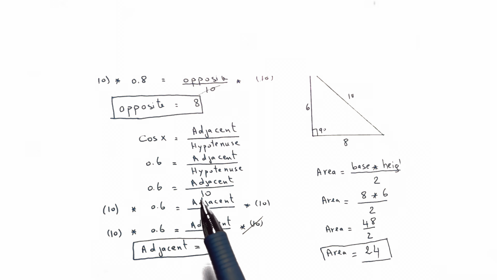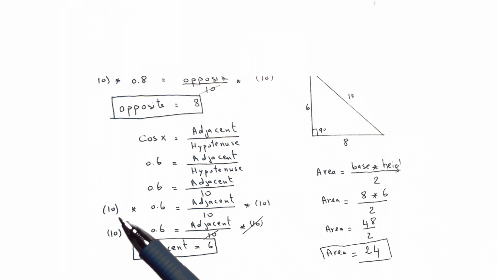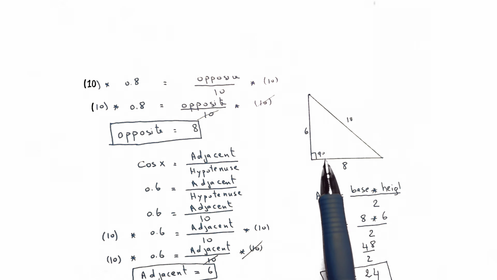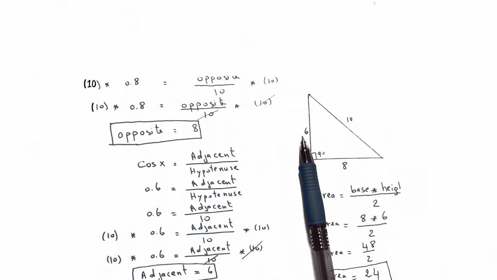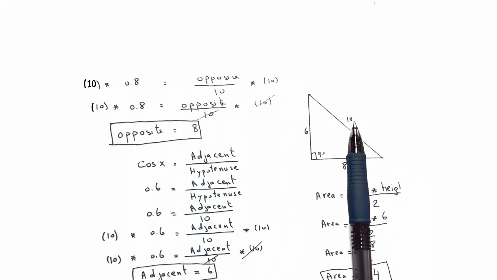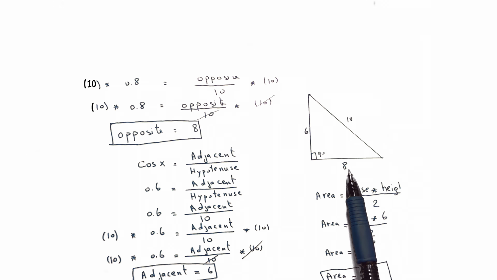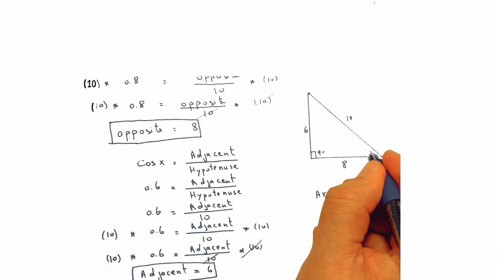So now we have calculated the opposite, adjacent, and the hypotenuse as shown in this triangle: the adjacent is 6 as calculated earlier, the hypotenuse was given, the opposite is 8, and the angle is x.